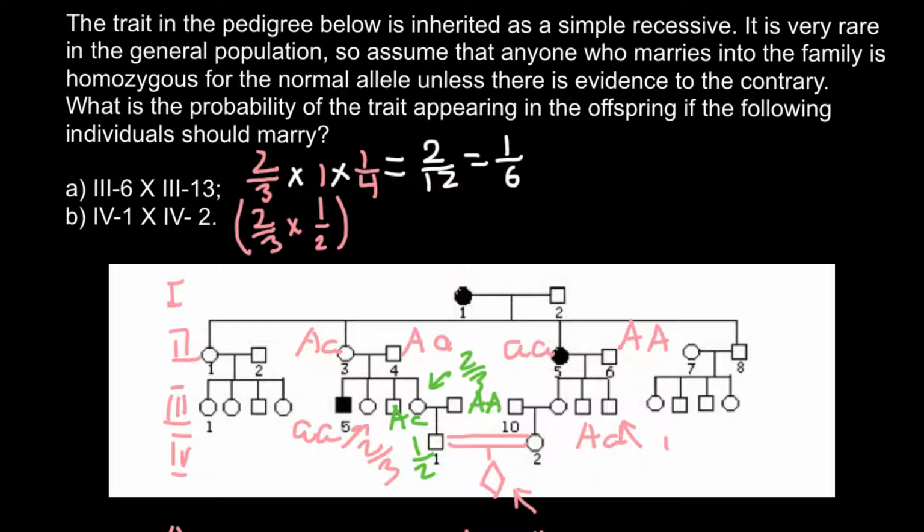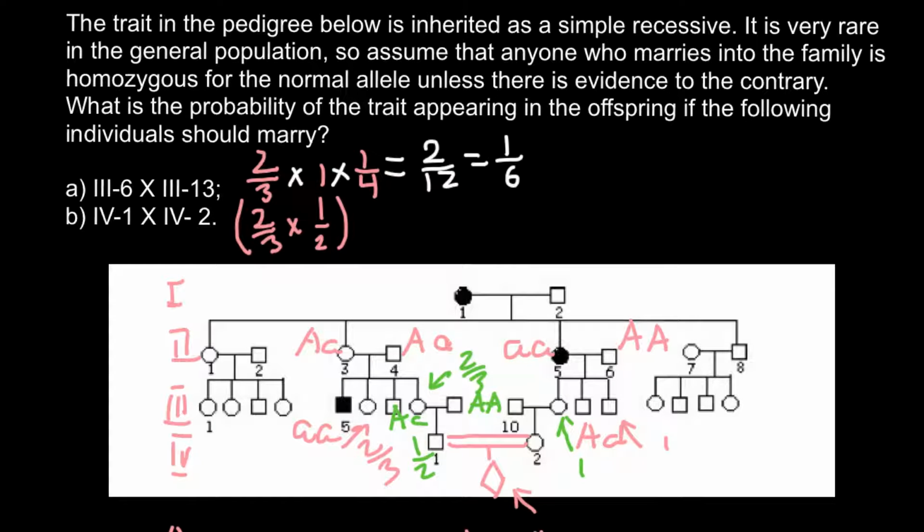Let's analyze his family, and we can start here. We know that this parent is homozygous recessive, and this parent is homozygous dominant. So for this person to be a carrier, the chances are 100%.